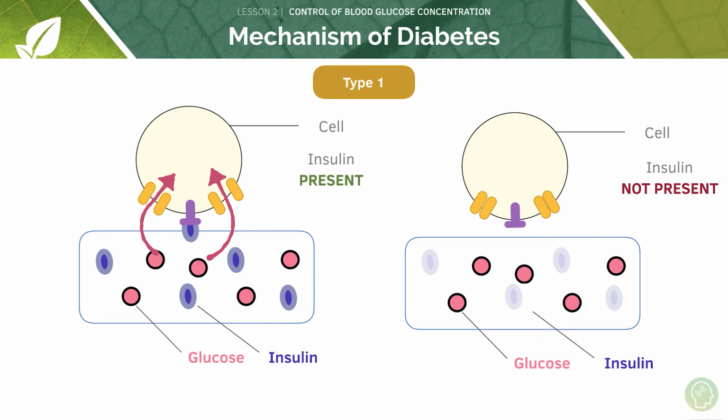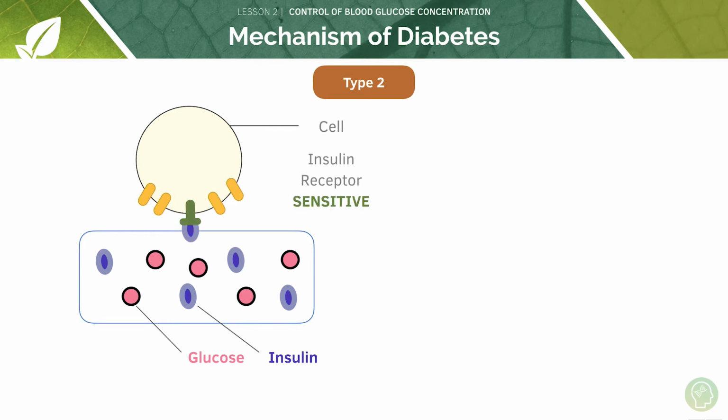But in our diabetic, there's no insulin present because the pancreas is not secreting insulin, and so no insulin binds to its insulin receptor, therefore glucose channels stay closed and our glucose molecules cannot move into the cell. So therefore we get very high concentrations of glucose in the blood after eating.